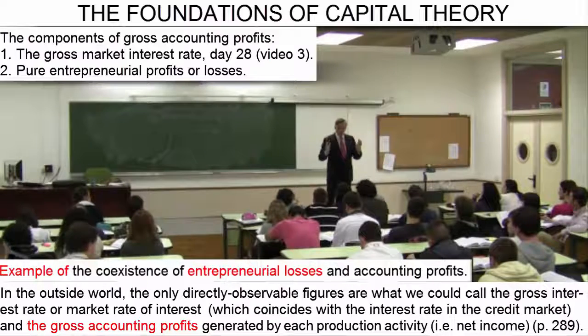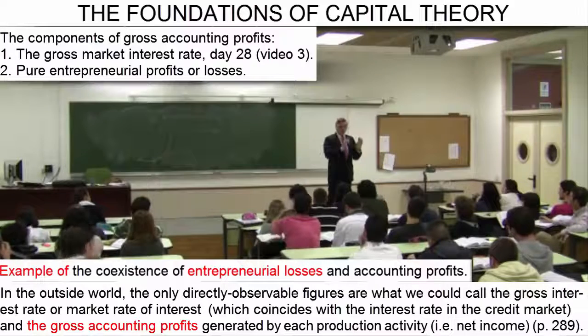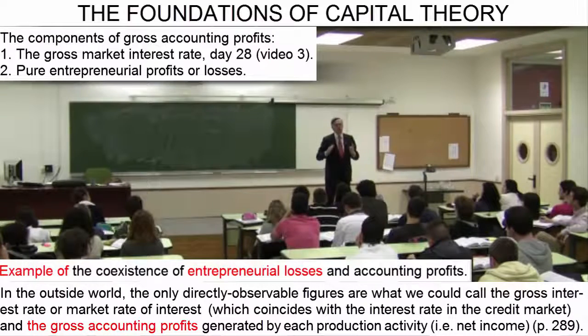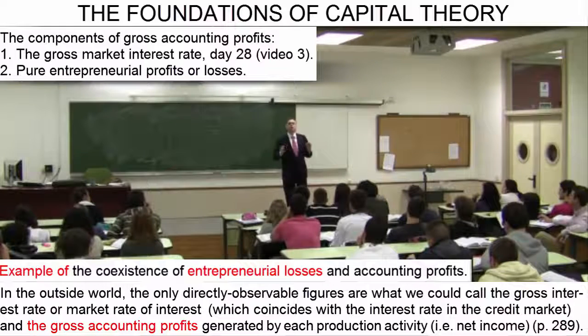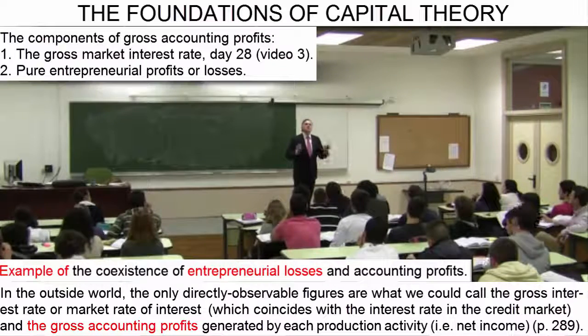Let us imagine that when they sell the product, they do their accounting and they say, income, proceeds from the sale of the skirts, minus all expenses incurred, leaves us with an accounting profit of 70,000 euros.